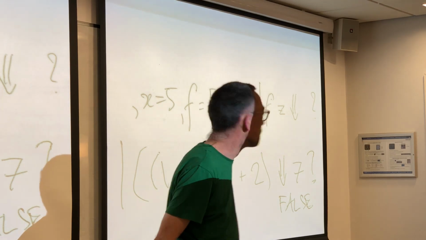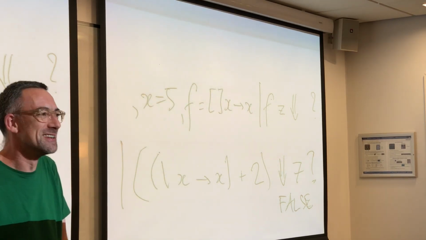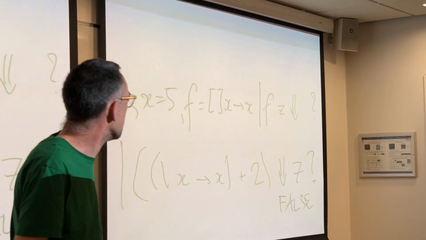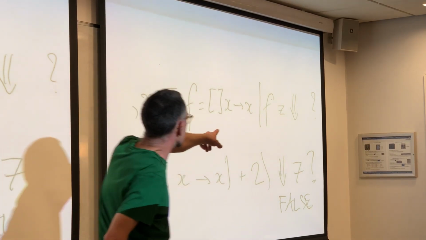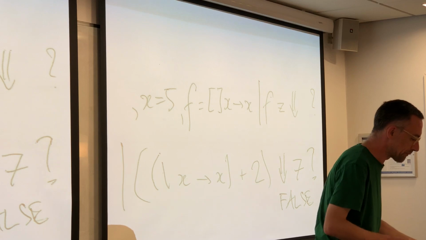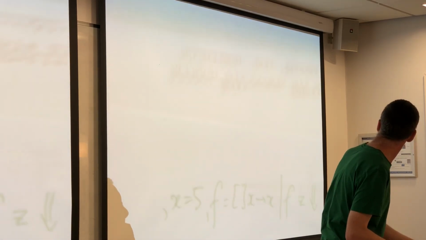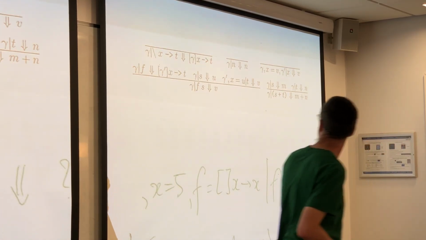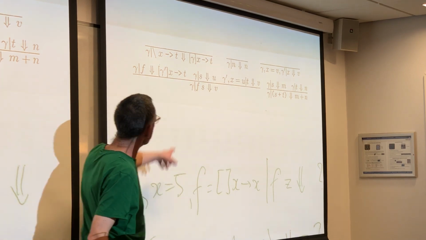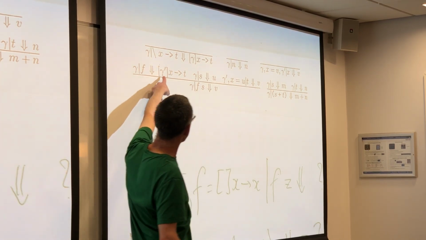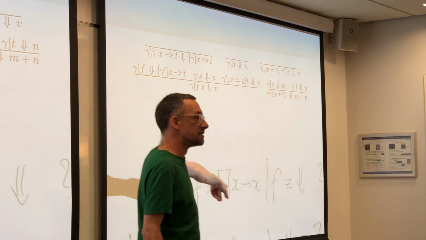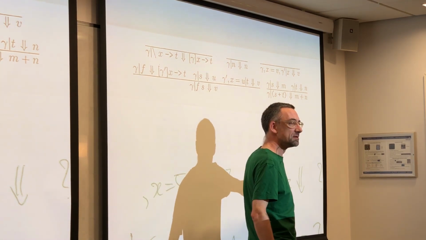So what goes wrong when we do this? Well, think about it. We're trying to evaluate an application. We better use the rule for application, which says we should evaluate the function.